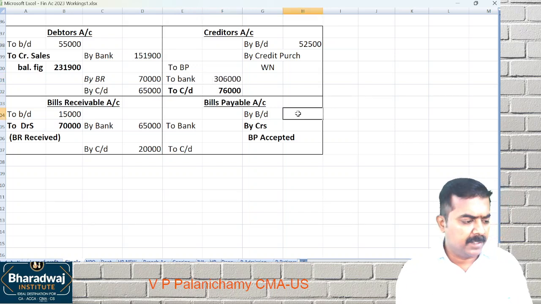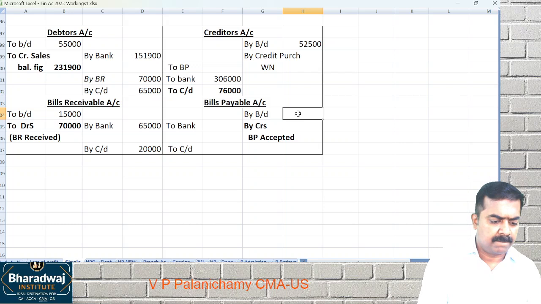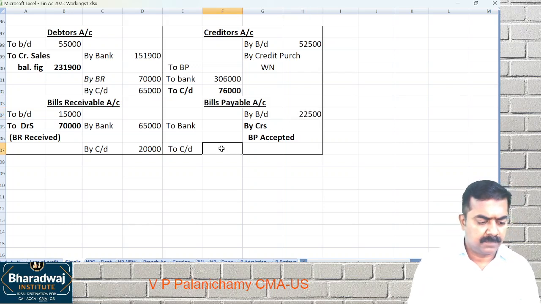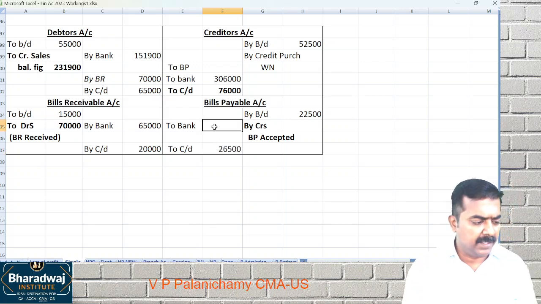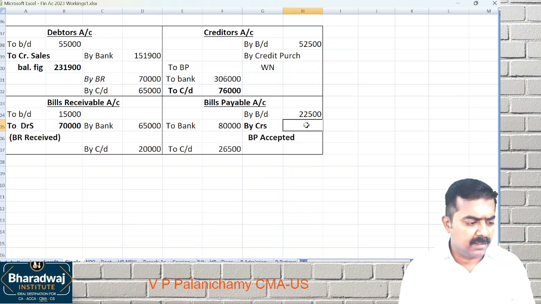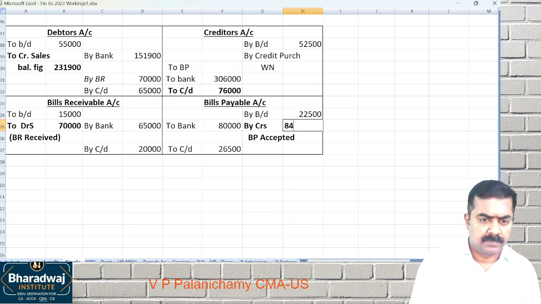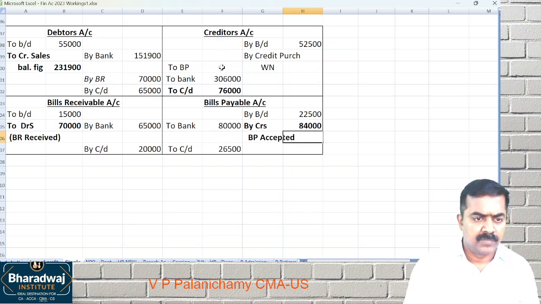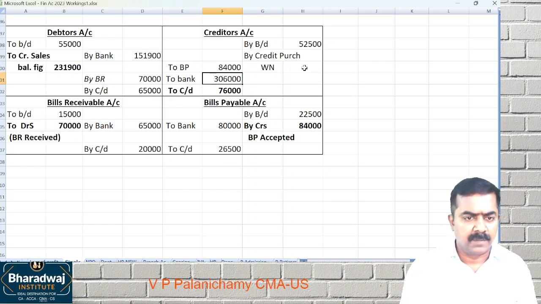Bills payable opening balance 22,500, closing balance 26,500. Bills payable paid 20,000. As a balancing figure we get bills accepted for the year, 84,000. When you tally this you will get which one? Credit purchase as a balancing figure.